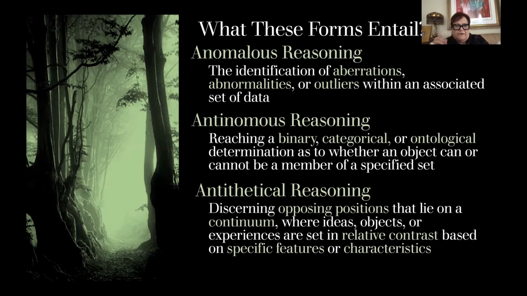In the case of antinomous and antithetical reasoning, people often deal with these things as a clump. They put them together in the way that they think about and talk about the world.